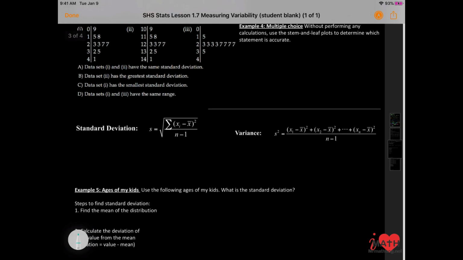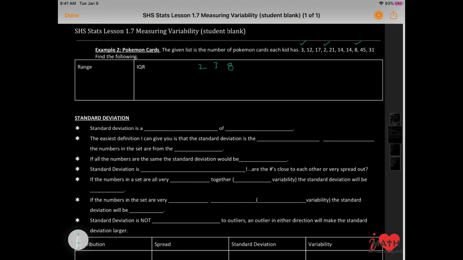So I see 2, 3, 8, 12, 14, 14, 17, 21, 31, and 45.